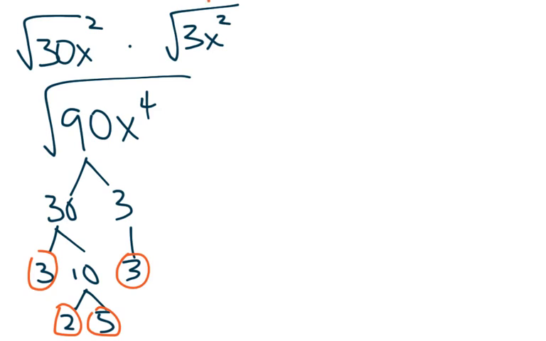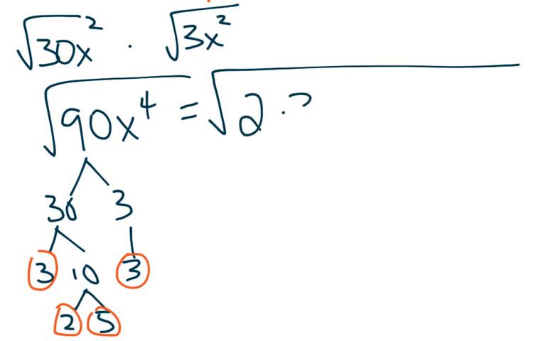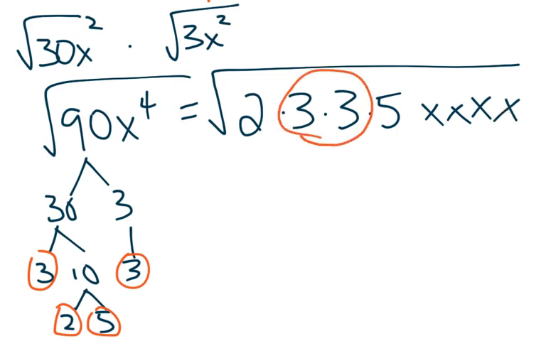And then of course I have my x's. So 2 times 3 times 3 times 5, and then I have 4 x's. Notice I'm looking for perfect squares, so I got 3's here, x's here, x's here.